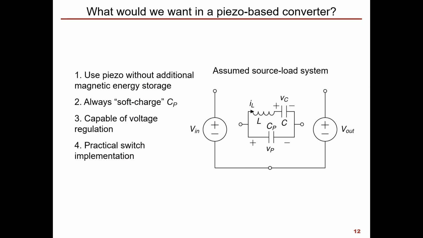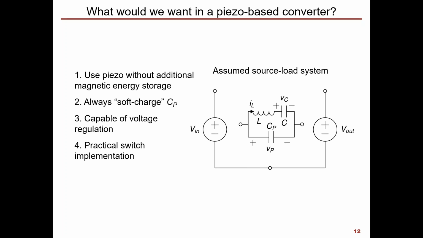So now that we have a model for our piezo, we can start to think about what would we like to have in a piezo-based converter. Well, if we believe piezos could be our route to high power density, we'd like to use them without any additional magnetic energy storage. So we'd like to use it all by itself in this source load system we're showing here on the right. In addition to that, we'd like to always soft charge CP.